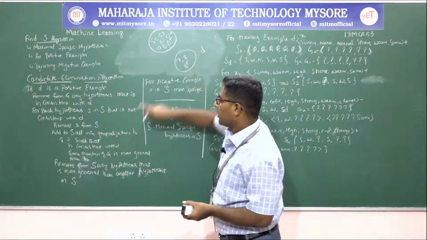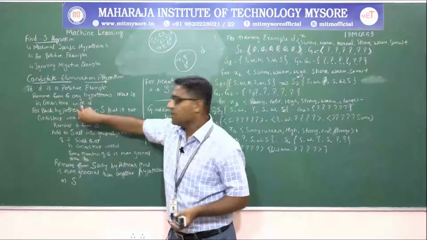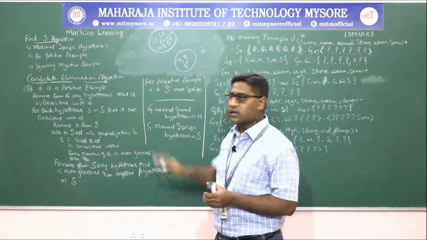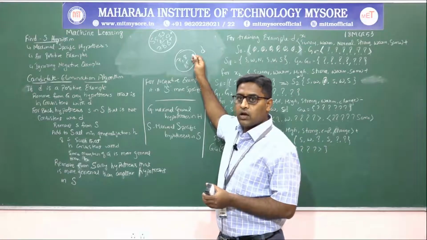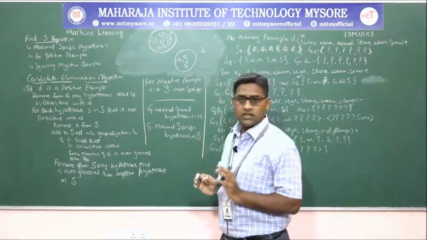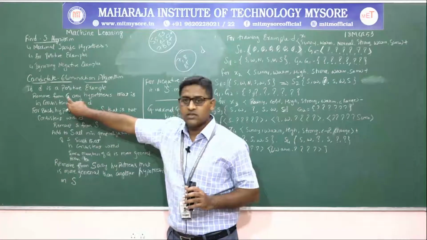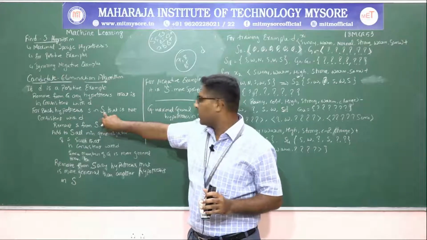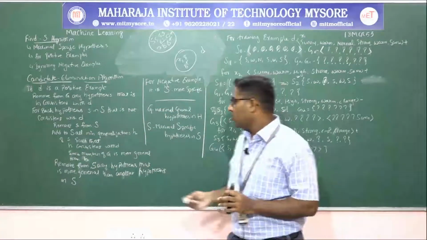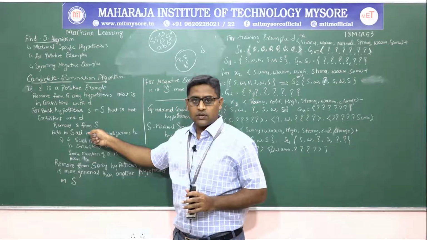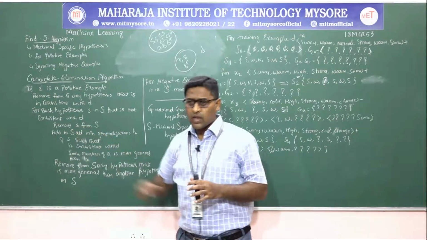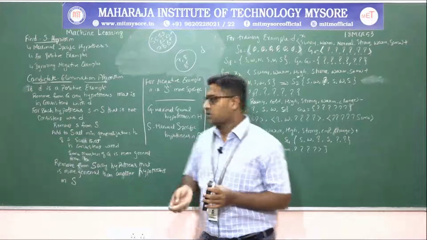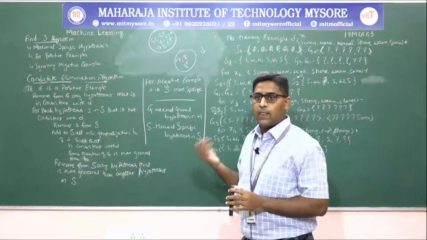So if it is generalized, remove from G any hypothesis that is inconsistent with D. So if any of the data is inconsistent with D, say 7, 8, 8 plus are consistent in the data set D, then any hypothesis which is not consistent you need to remove from the general hypothesis G. Then for each hypothesis s in S, meaning the more specific, that is not consistent with D, you need to remove that s from S. That means the small s, that specific hypothesis, has to be removed from that large hypothesis set, right?